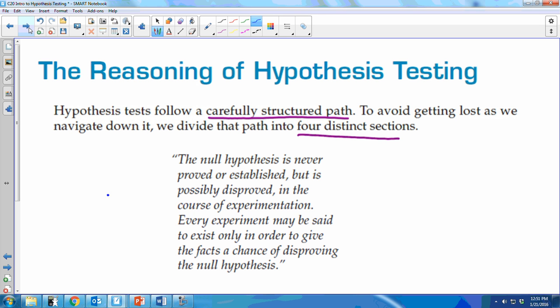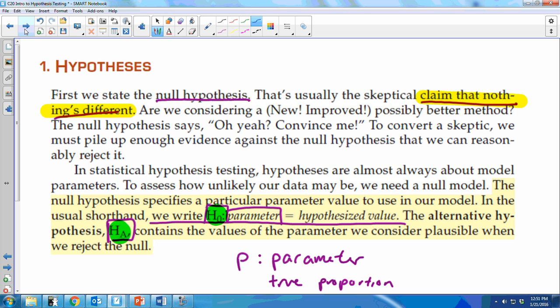All right? The first one is writing hypotheses. We're doing a hypothesis test. You better have some sort of hypothesis. Every hypothesis test has 2 hypotheses. The first is the null hypothesis. The null hypothesis says that nothing has changed.